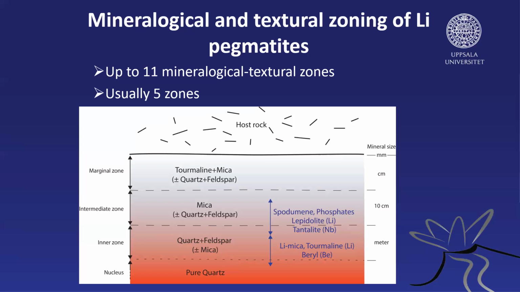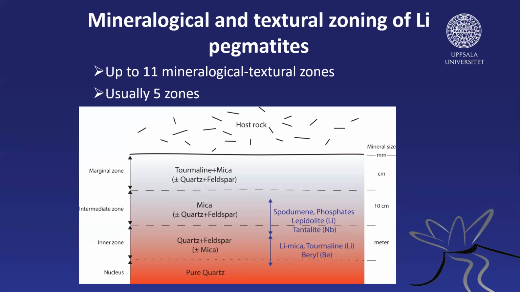The next zone, the intermediate zone, is dominated by mica. We can find quartz and feldspar. The size of the minerals is much smaller, still 10 centimeters. That's pretty decent for a crystal. And we have spodumene, phosphates, and lepidolite in terms of minerals of economic interest.